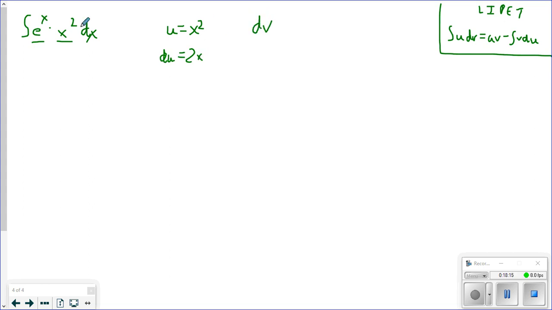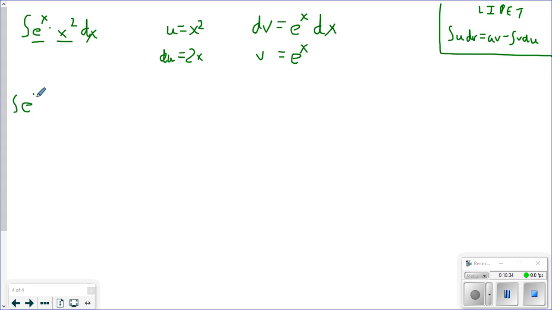dv then is what's remaining, e to the x times dx. Well, here's the reason why we follow LIPET, because e to the x is very easy to anti-differentiate. It's just e to the x. All right, so what do we have?